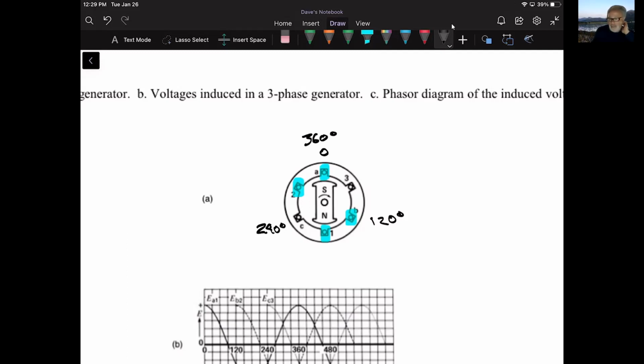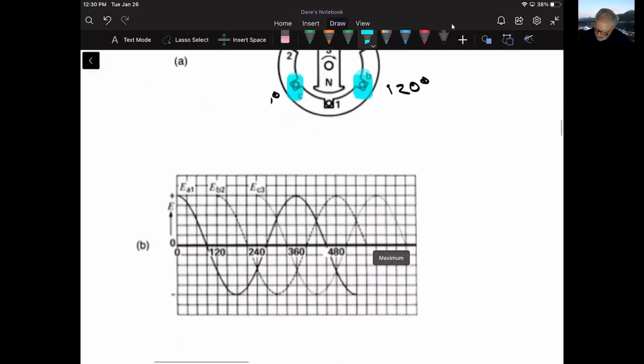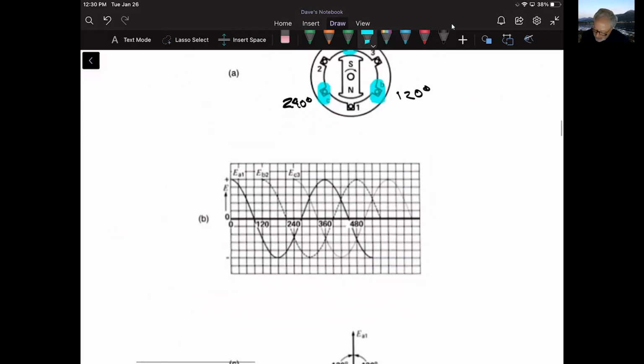Because these are placed mechanically at 120 degrees difference, the induced voltage outputs from the rotating magnetic field are also going to be 120 degrees apart.